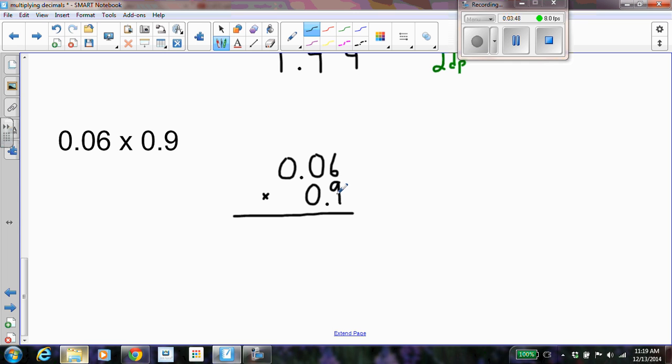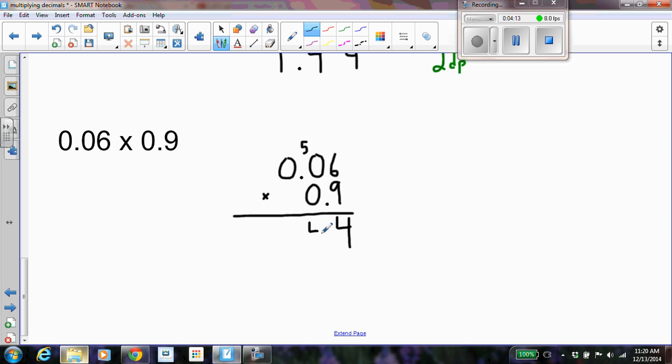Now, I'm going to do 9 times 6, and that gives me 54. Some people just write the 54 out. I usually do. But I'm going to do it how some other people do it. They put the 4 here, and they carry the 5, or regroup the 5. Now, this is tricky. 9 times 0 is 0. 0 plus 5 is 5.